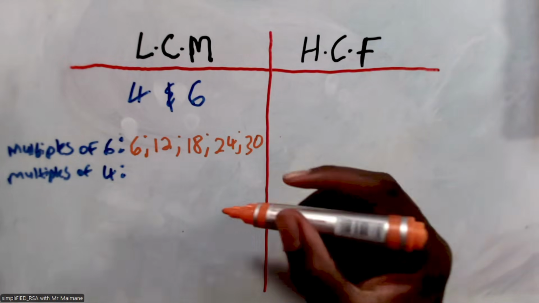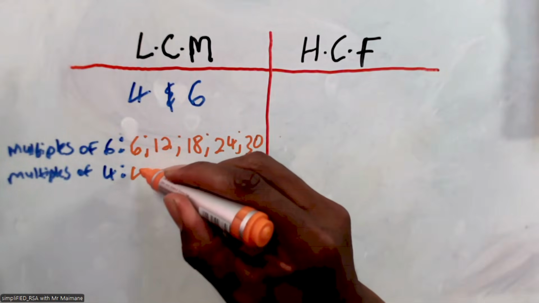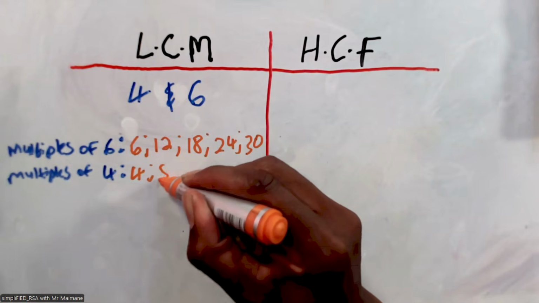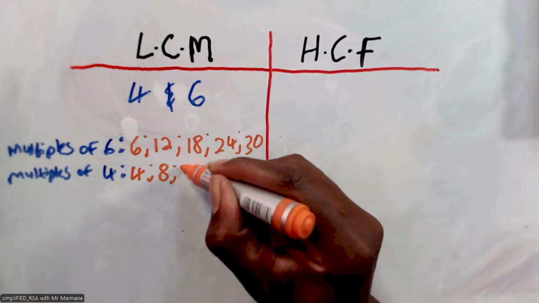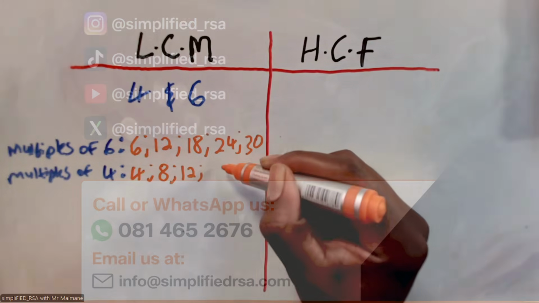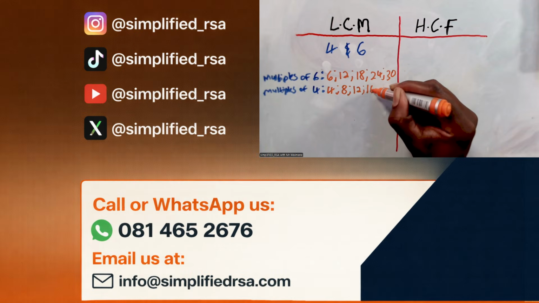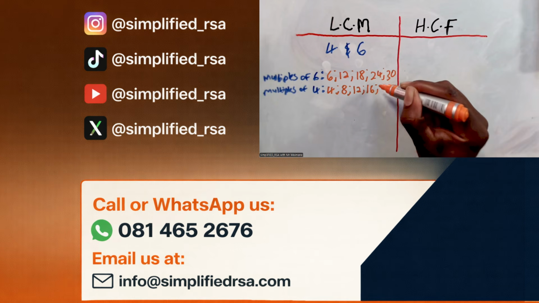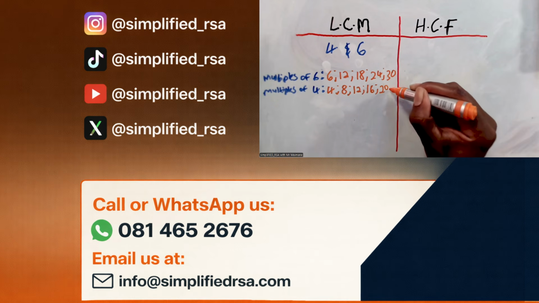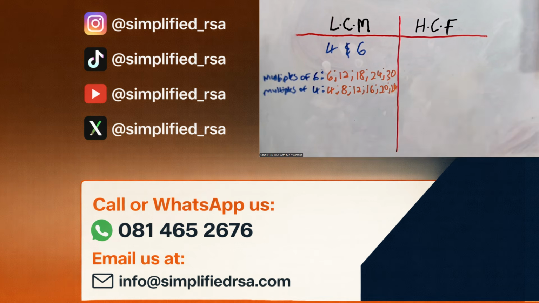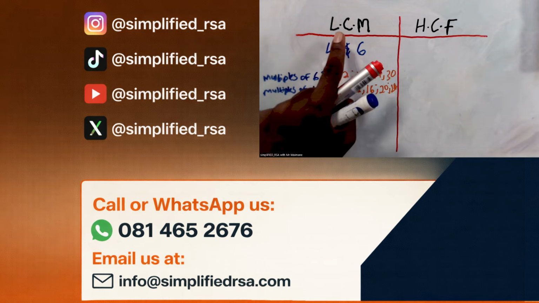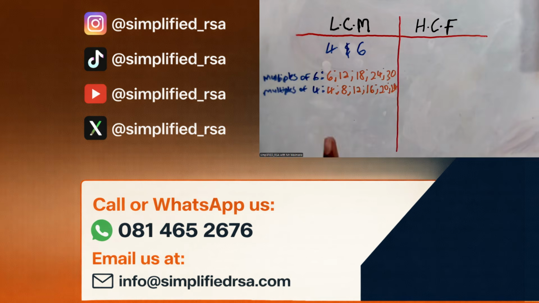The multiples of 4 are 4, 8, 12, 16, 20, 24. Now I'm looking for the lowest common multiple.